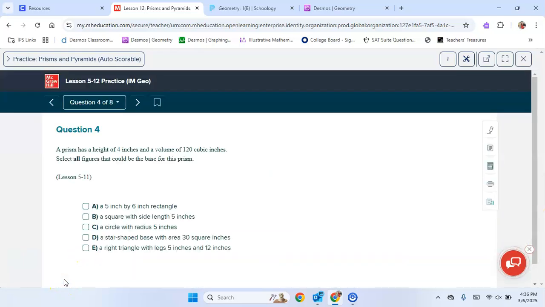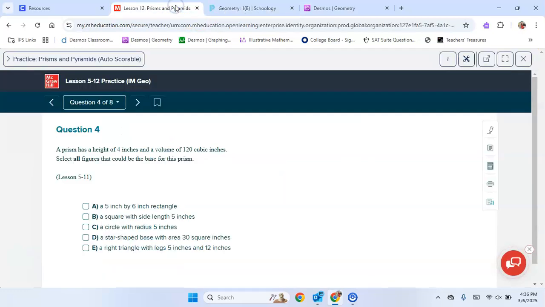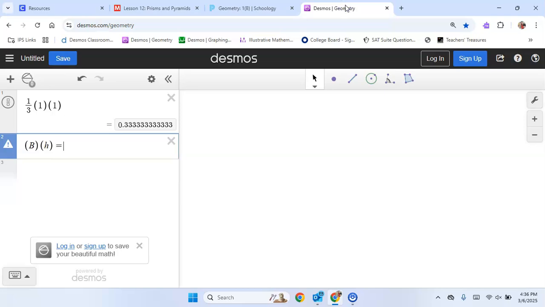Question 4. A prism has a height of 4 inches and a volume of 120 cubic inches. Select all figures that can be the base for this prism. It would be the area of the base times the height. And they said the height was 4 and the volume was 120.